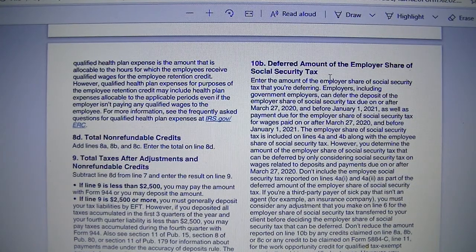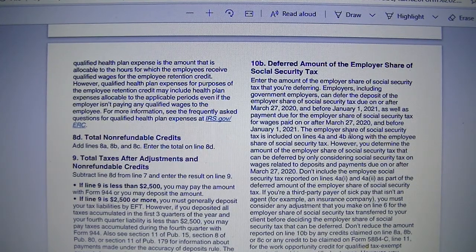Deferred amount of the employer's share of Social Security tax. Enter the amount of the employer's share of Social Security tax that you are deferring. Employers, including government employers, can defer the deposit of the employer's share of Social Security tax due on or after March 27, 2020 and before January 1st, 2021, as well as payments due for the employer's share of Social Security tax for wages paid on or after March 27, 2020 and before January 1st, 2021.